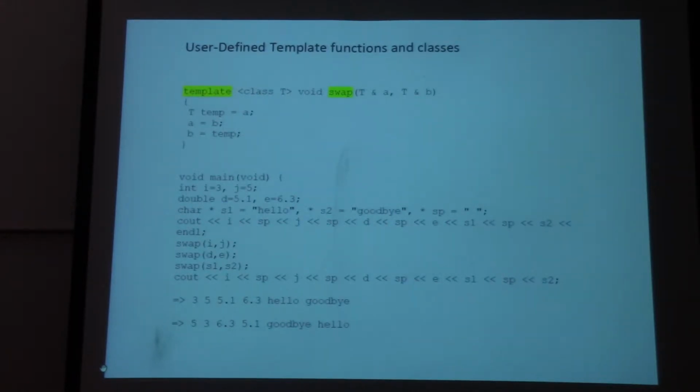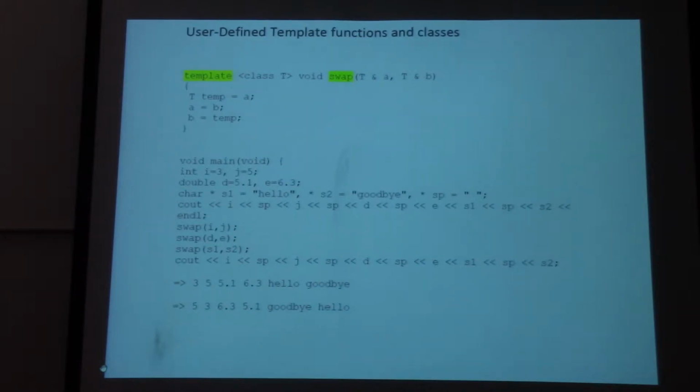All right, so if you look over here at the code that is basically running, it has a couple of ints, a couple of doubles, a couple of string pointers. It does a cout of a lot of these different things. And then it calls swap, swap, swap.